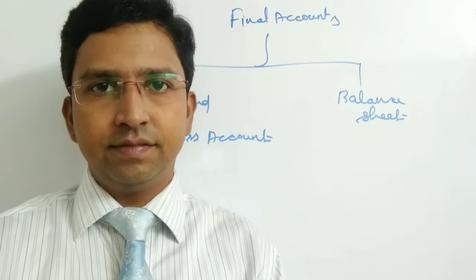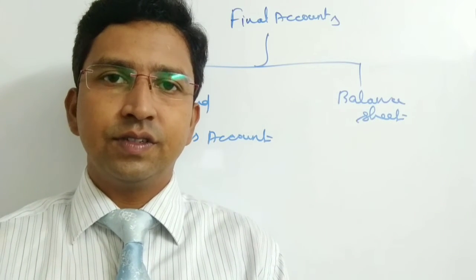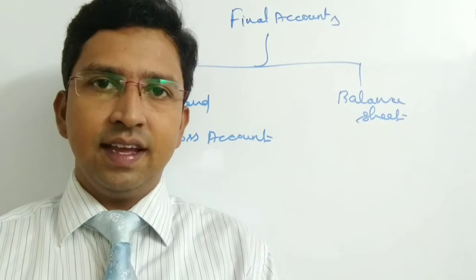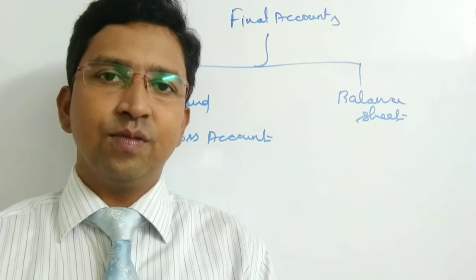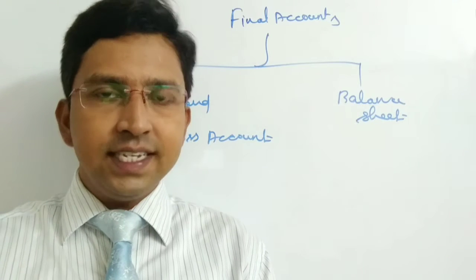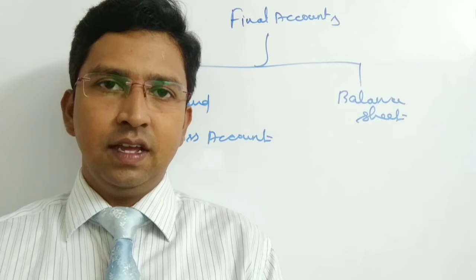Trading means what? Trading is nothing but buying and selling of goods. So the trading account shows the buying and selling of goods related accounts. Usually goods are purchased with a view to reselling or for manufacturing, further process.